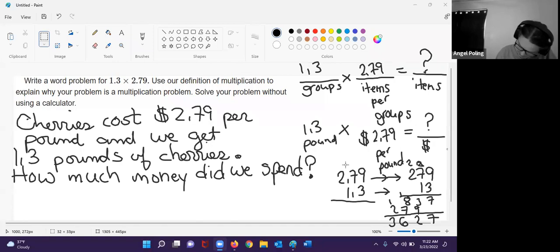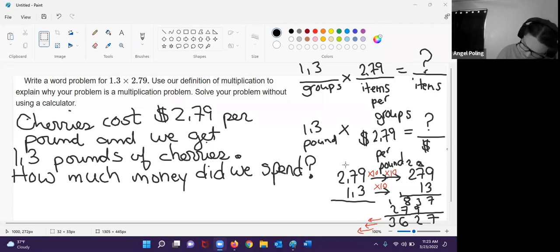Okay, so going back, I'm going to put this in a smaller font for you. So we did times 10 to ignore the decimals. And we did times 10 to ignore the decimals. So to undo it, to get back to the actual place, we're going to divide by 10 3 times.